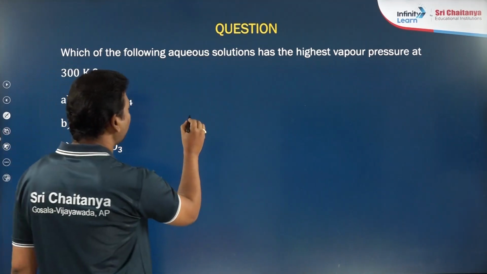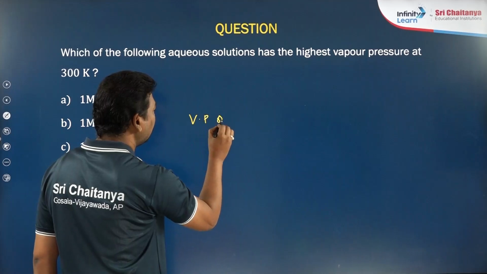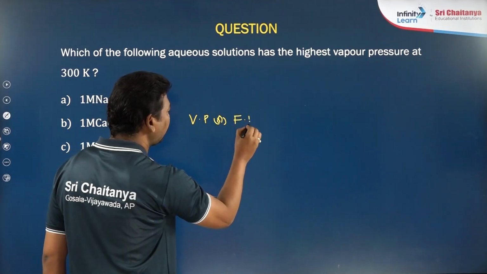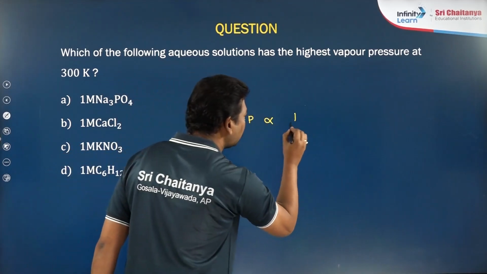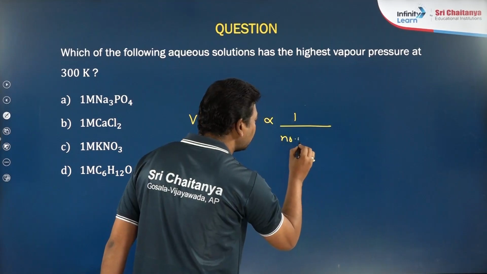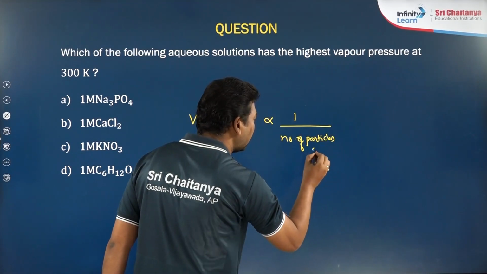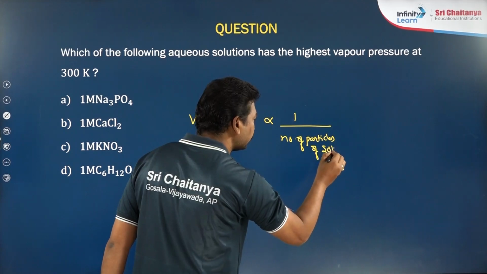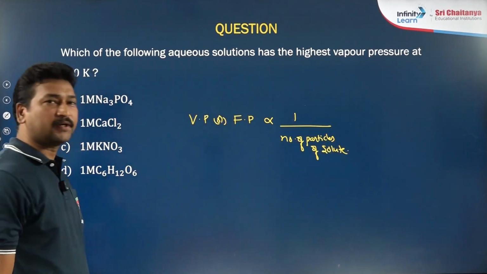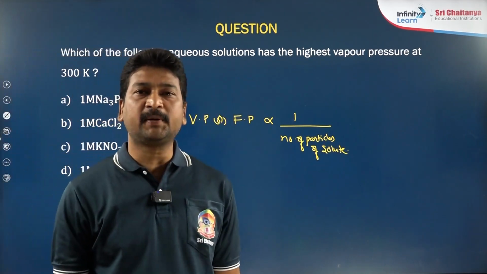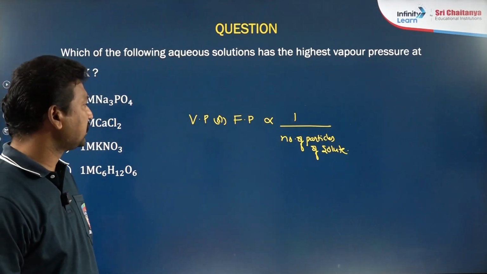Vapor pressure or freezing point is inversely proportional to the number of particles of the solute. This is not the colligative property, my dear students.